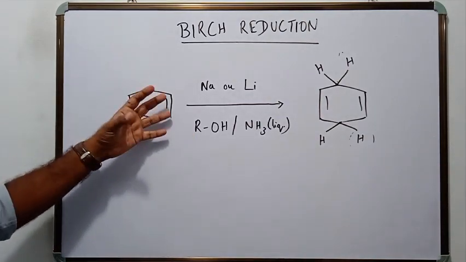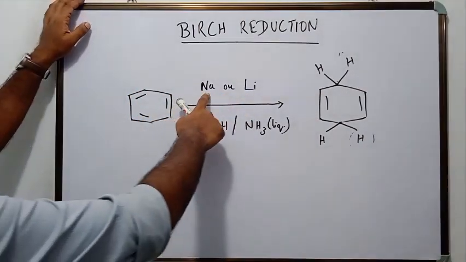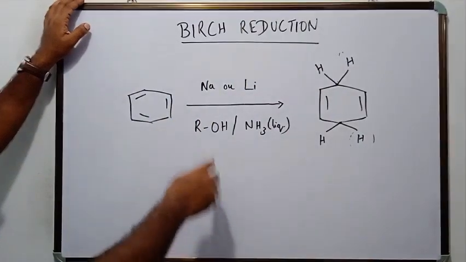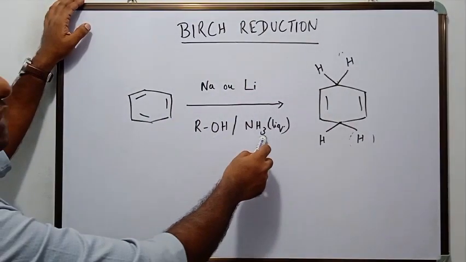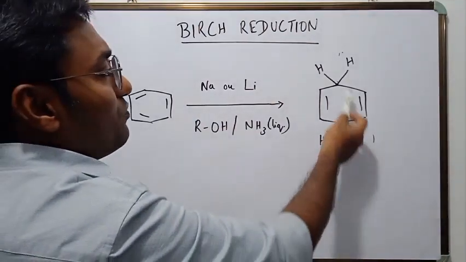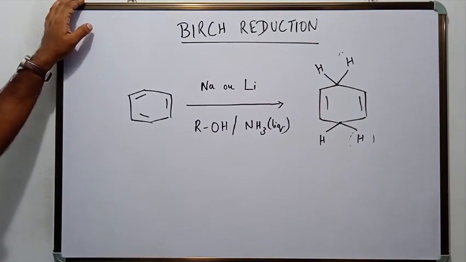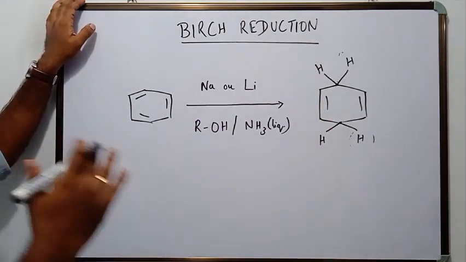Benzene on treatment with sodium or lithium in a mixture of alcohol and liquid ammonia undergoes reduction to give 1,4-cyclohexadiene. So that is the reaction.